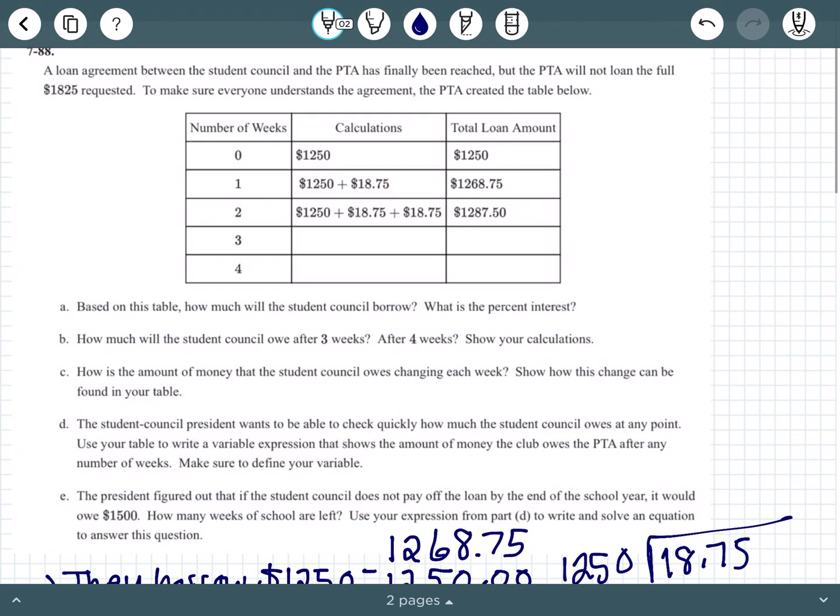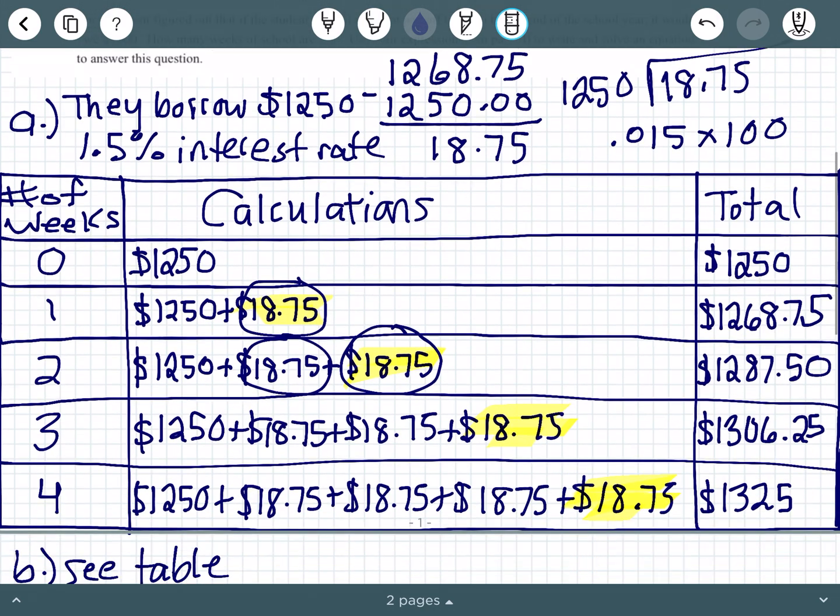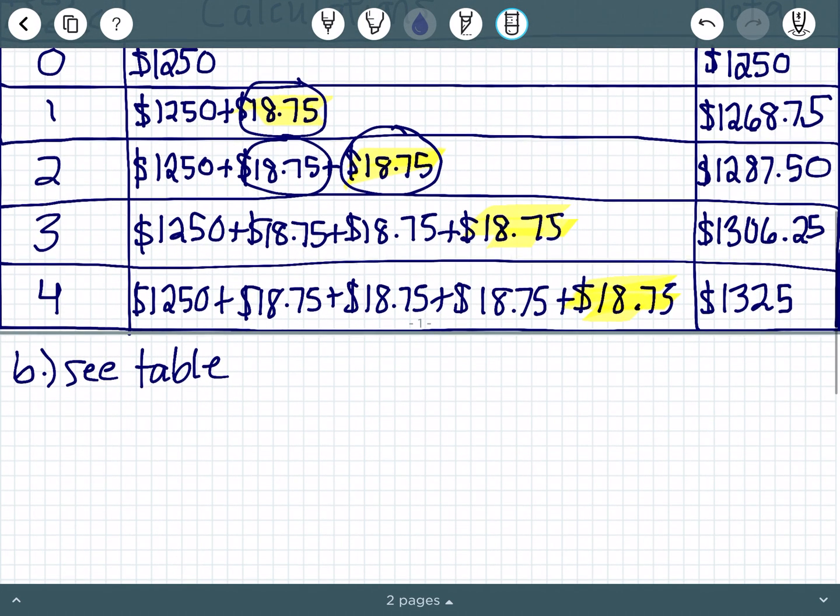All right, part C, how is the amount of money that the student council owes changing each week? Show how this can be found in your table. Well, we kind of already did show that in the table, so that's where we're highlighting that group of $18.75 that's being added each week. So we can say, for this one, see highlights in table.